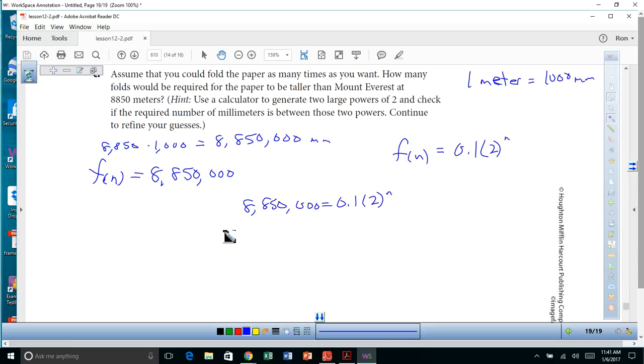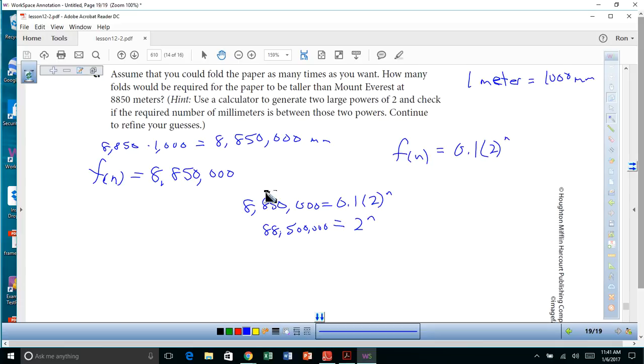Now you can divide both sides by 0.1, moving the decimal over one place, and you get 88,500,000 equals 2 to the n.